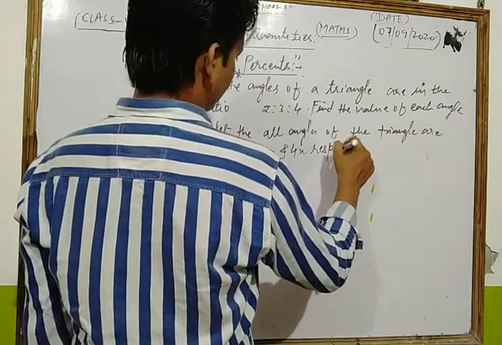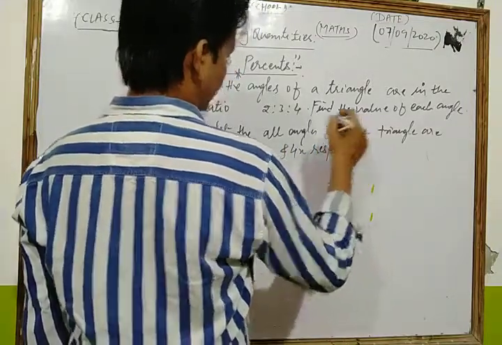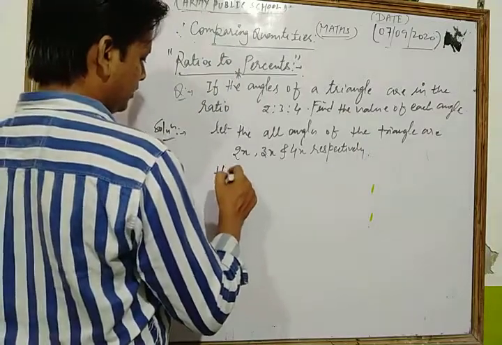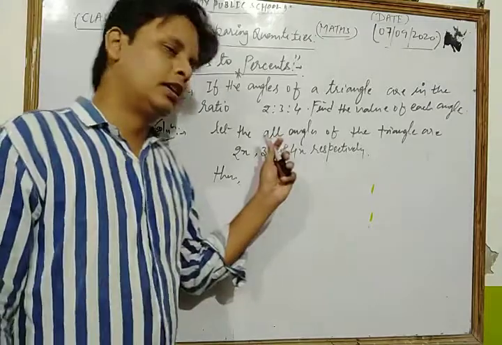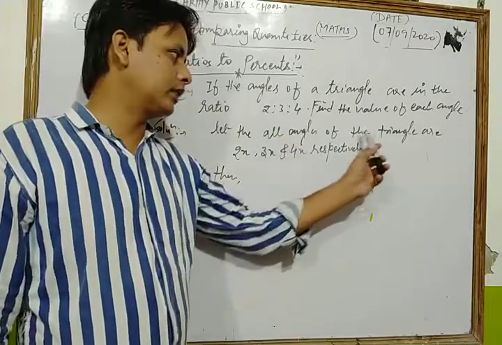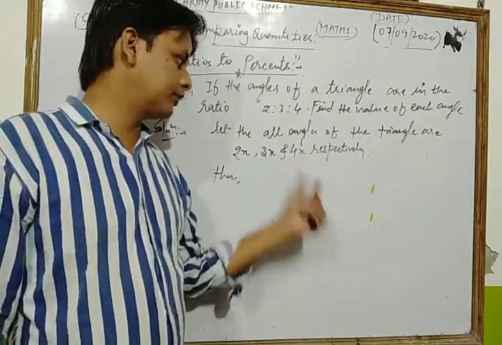Dear students, let the angles of the triangle be 2x, 3x, 4x respectively.